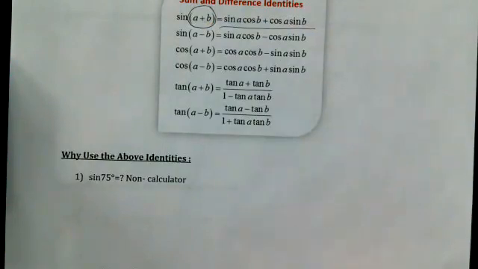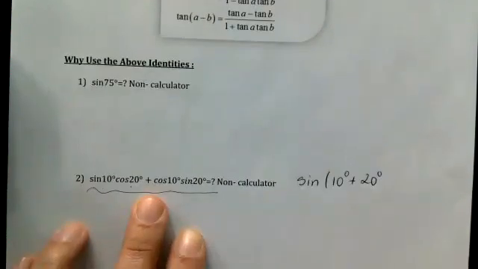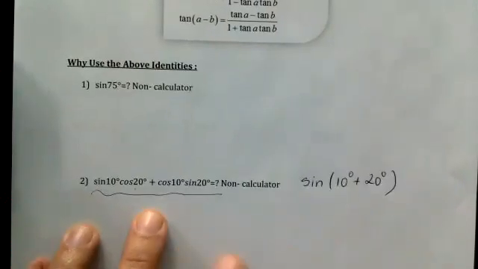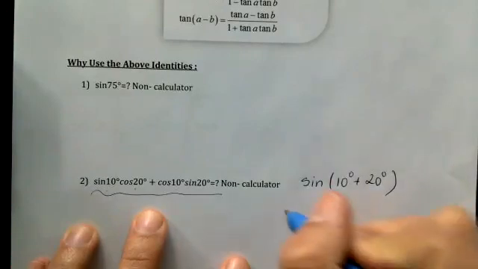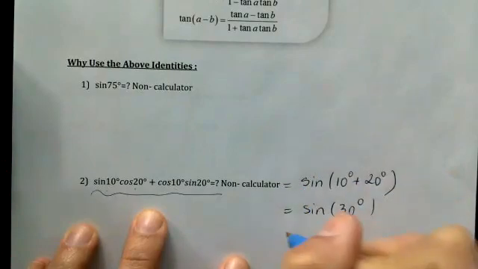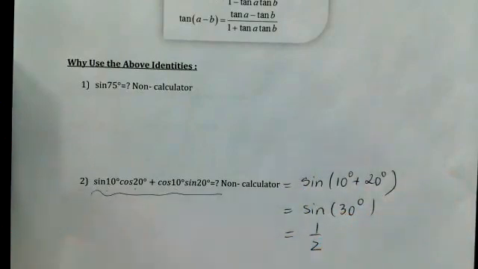So I would do sine of 10 degrees plus 20 degrees, because that's the left-hand side of the formula, the first one in the list. Then that is sine of 30 degrees, which I now know is 1/2, because I memorized it from the unit circle.